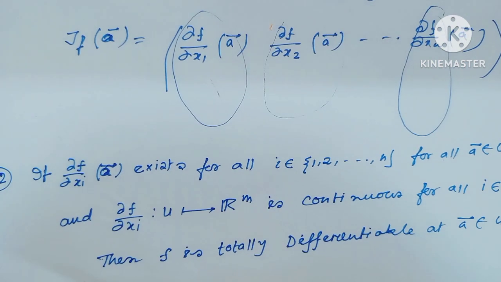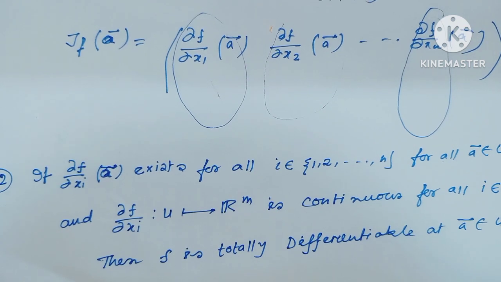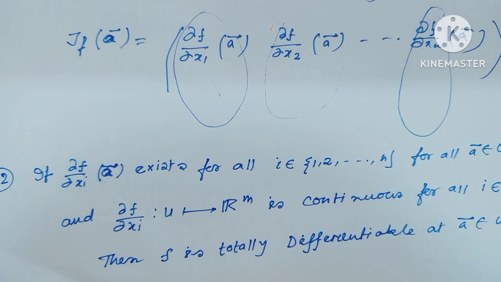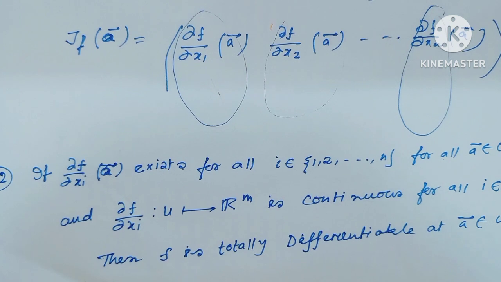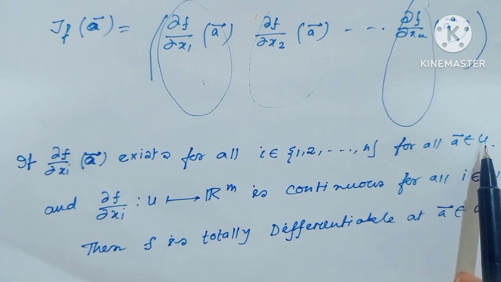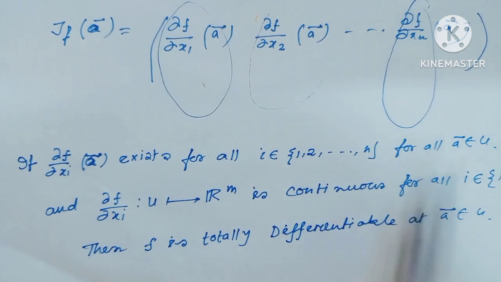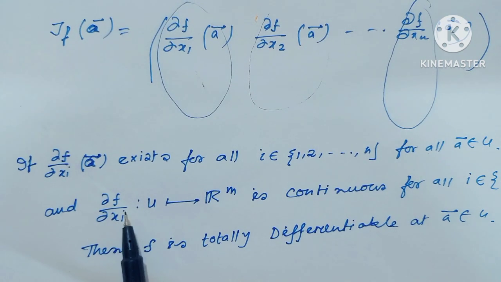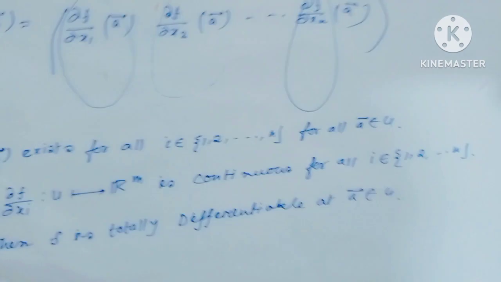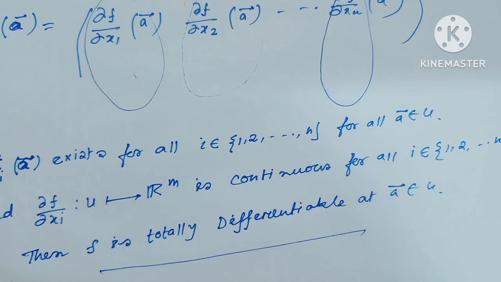And if all partial derivatives exist, that means del f del xi at the point exists for all i from 1 up to n, and here a is a vector which belongs to the open set U, and if these partial derivatives are continuous for all i from 1 to n, then f is totally differentiable.